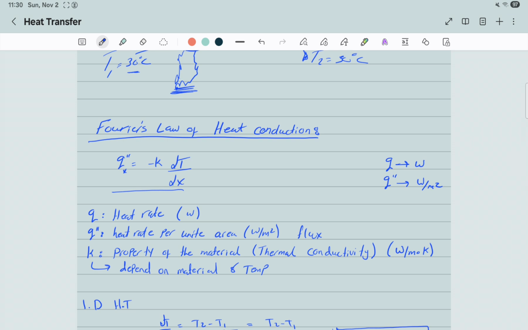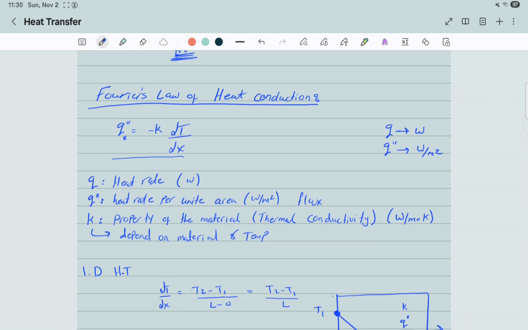In order to find it, you need the type of material and the temperature it's at to find k, times dT/dx. Q is the heat rate, which has the units of watts. Q double prime is the heat rate per unit area, meaning the heat transferred in a given unit area, which is also called flux.